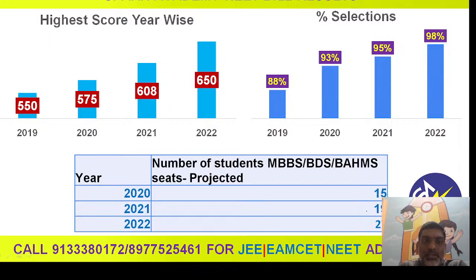Highest score year wise: 2019 550, in 2020 575, in 2021 608, in 2022 650. And in percentage of selections, in 2019 8%, in 2020 93%, in 2021 95%, and in 2022 98% of the students are selected. And number of students who got MBBS, BDS, and BHMS seats: in 2020 15 students got seats, in 2021 19, and in 2022 27 students.